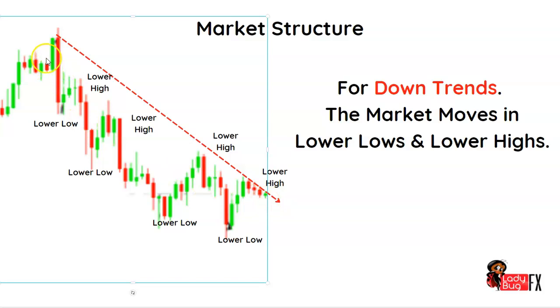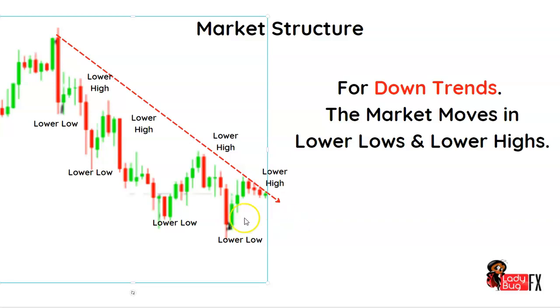So you'll earn a profit as the market moves downwardly in a bearish trend. For downtrends, the market moves in lower lows and lower highs, which is wonderful for us. Now we're training our eyes to see this so that we can take advantage of the markets.